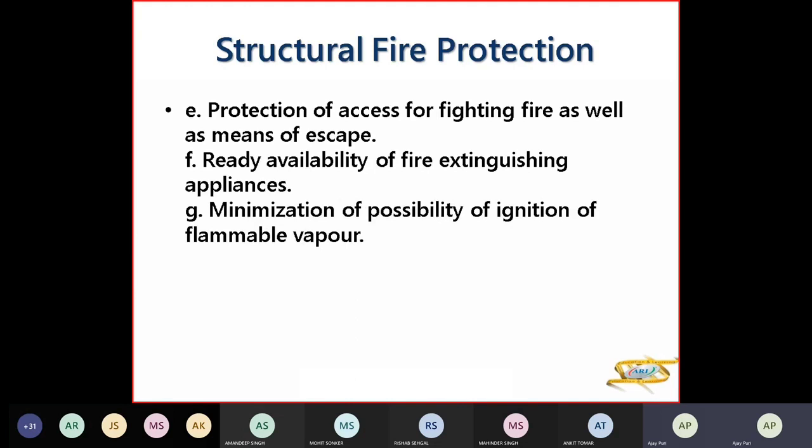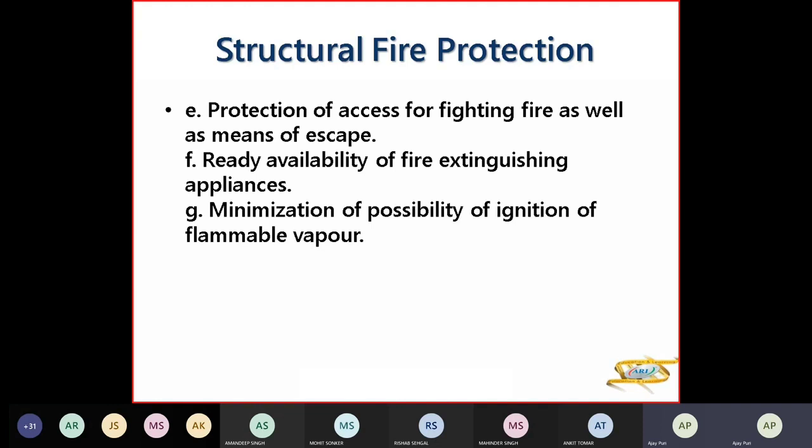E is, in case of any fire, you're supposed to have means of escape. So protection of access for firefighting as well as means of escape. That means you will have those trunkways for fighting the fire as well as means of escape.